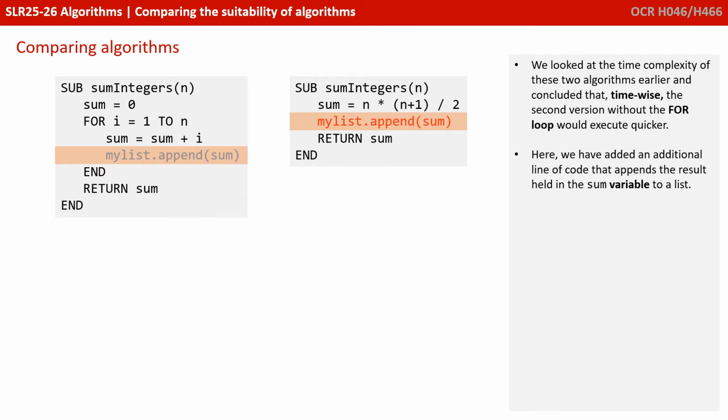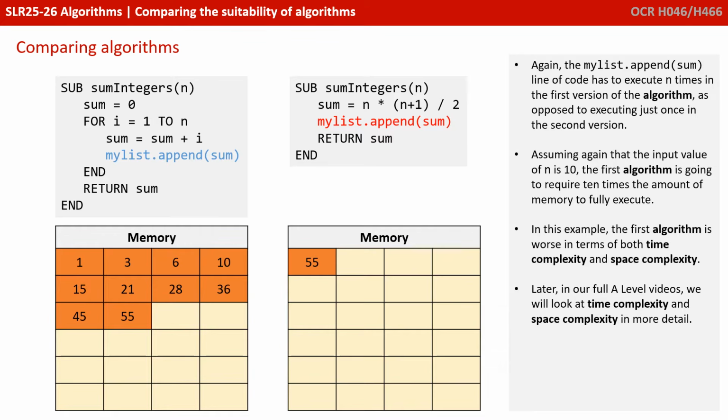Now, we looked at time complexity of these 2 algorithms earlier and concluded that time-wise, the second version without the for loop would execute quicker. Here we've added an additional line of code that appends the result held in the sum variable to a list. Again, the mylist.append(sum) line of code has to execute n times in the first version of the algorithm, as opposed to executing just once in the second version.